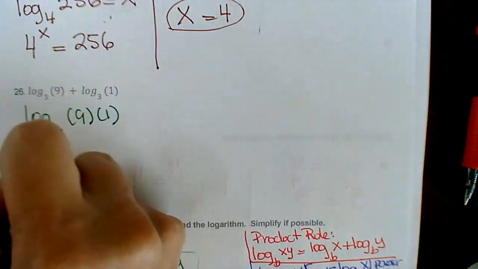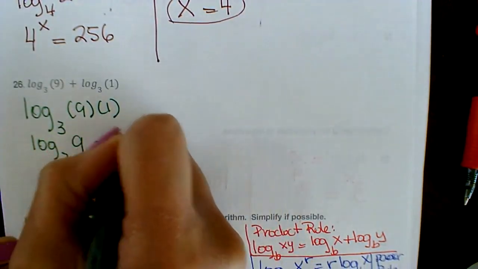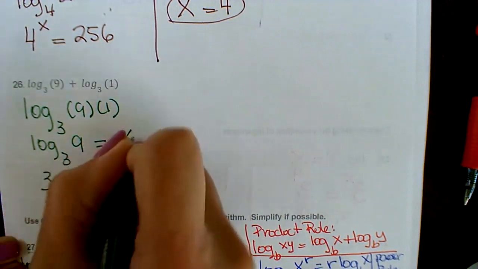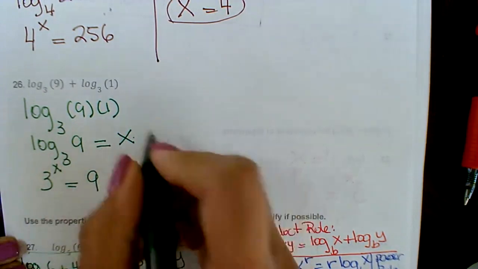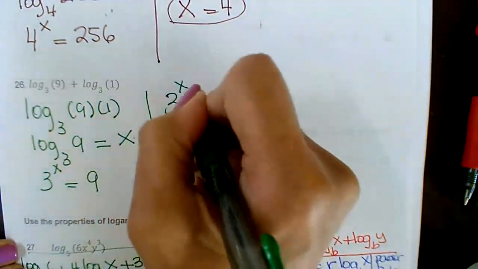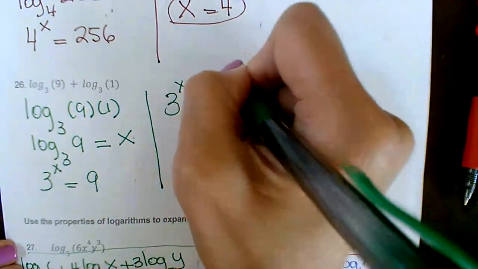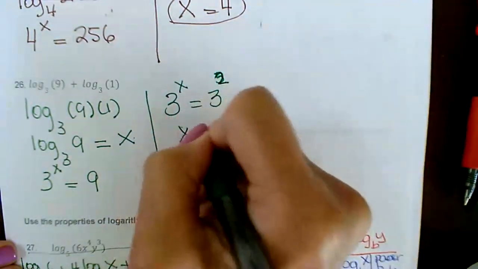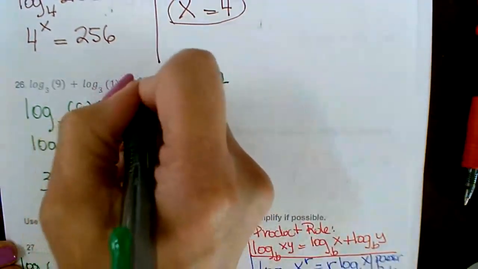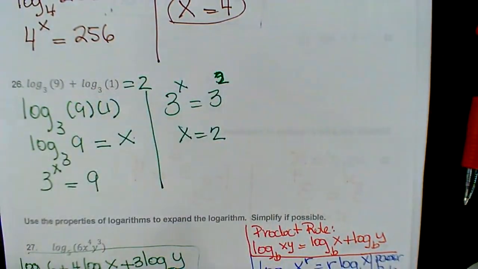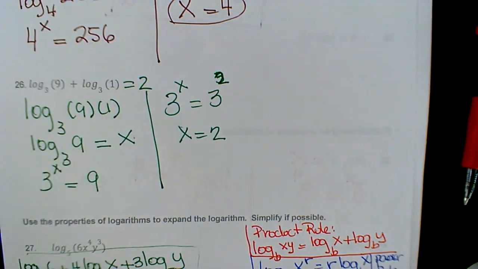So this is going to be log base 3 of 9 equal to x, right? 3 to the x power, becomes the exponent, equal to 9. So we could write this with the same base. I'm sorry, to the second power. So x is equal to 2. Log base 3 of 9 plus log base 3 of 1 is equal to 2.